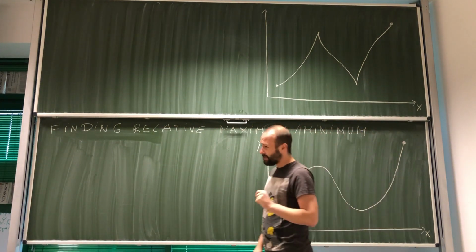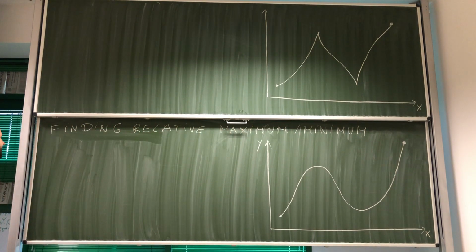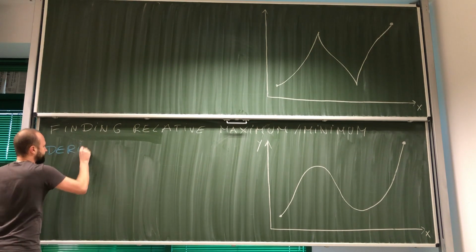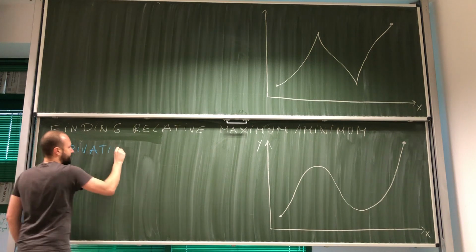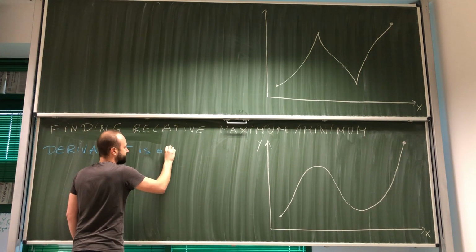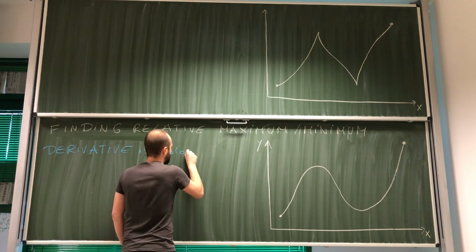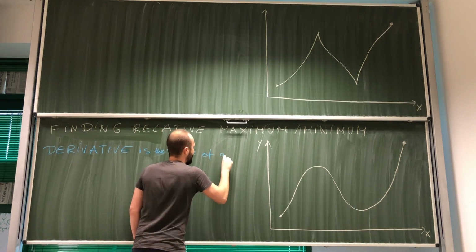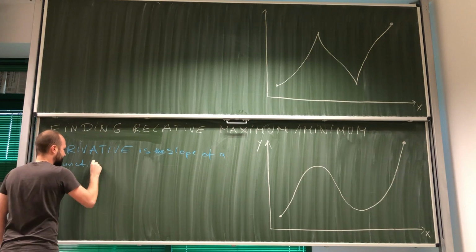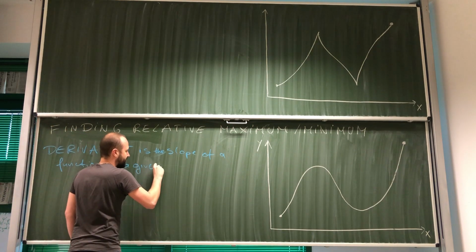This specific interpretation is that the derivative is a slope, maybe the slope of a function at a given point.